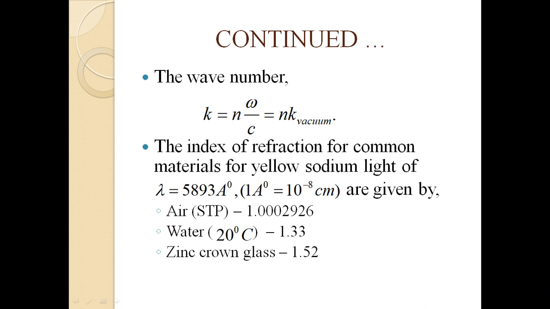The index of refraction for common materials for yellow sodium light of wavelength 5893 angstrom is given by: air 1.0002906, water 1.33, zinc crown glass 1.52.